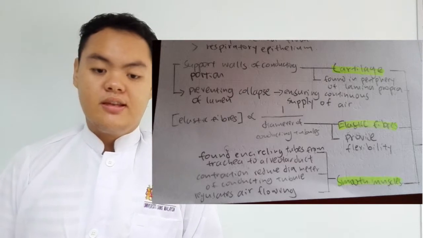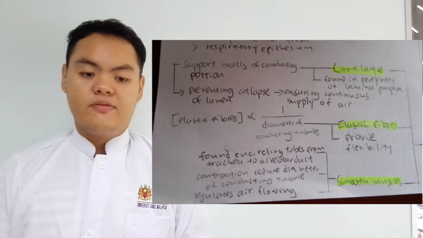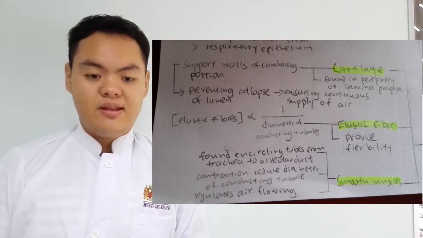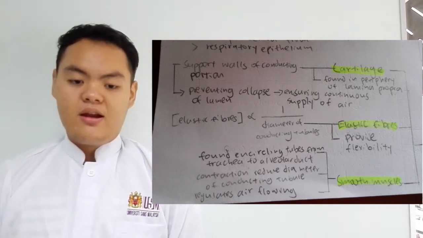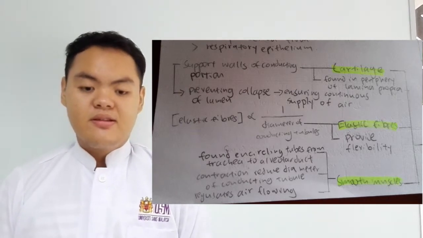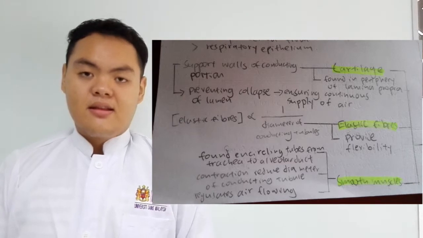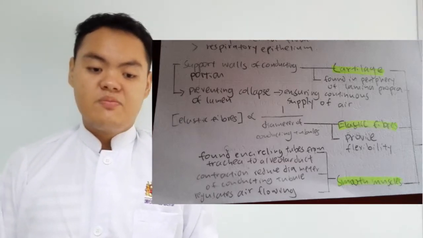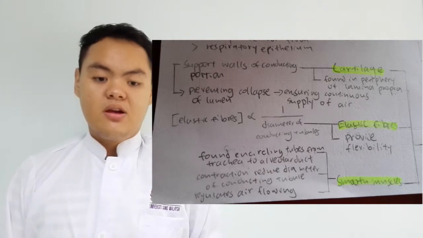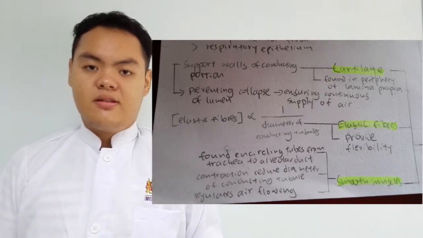Cartilage is found in the periphery of the lamina propria. It is to support the walls of the conducting portion, thus preventing collapse of the lumen and ensuring the continuous supply of air. Next, elastic fibers provide flexibility. We can say that the concentration of elastic fibers is inversely proportional to the diameter of the conducting tubules.